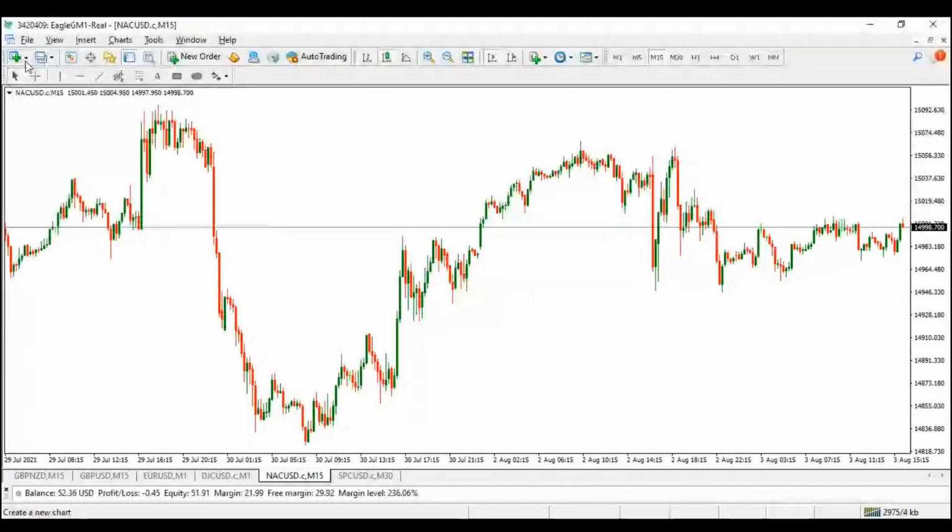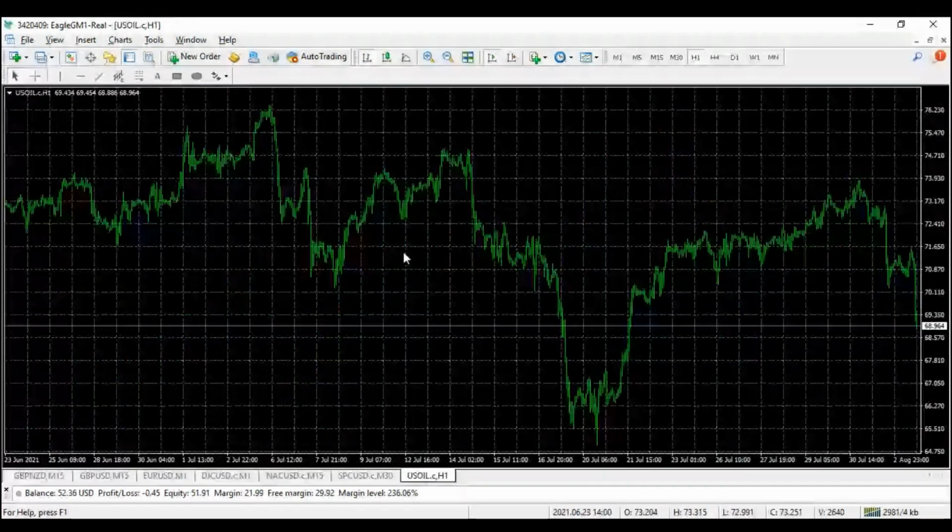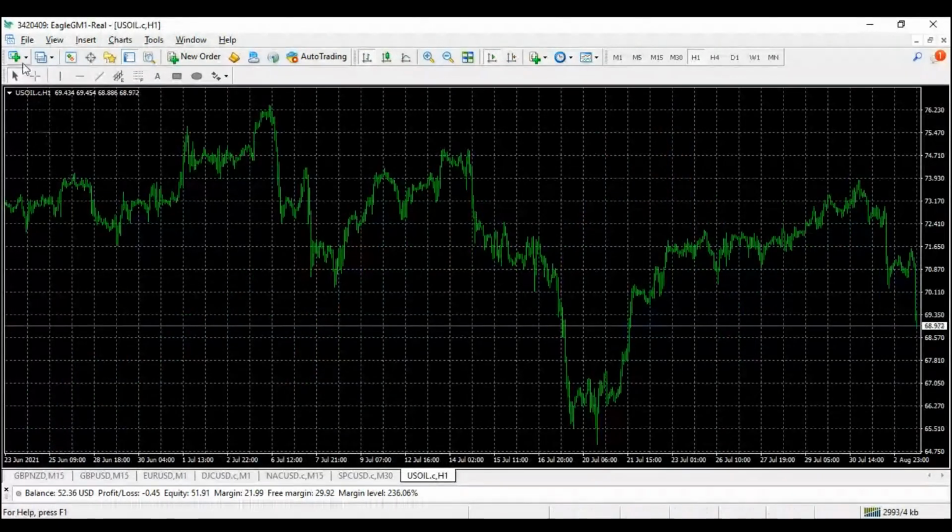So I'm sharing my screen right now to plot this on an oil chart. Let me add oil to my screen. Oil, which is US oil. No, I think that should be UK oil.